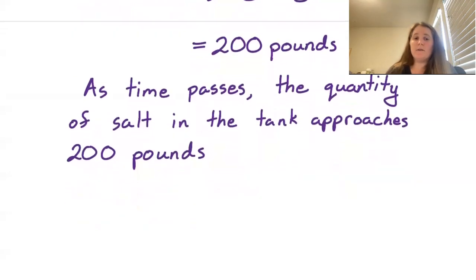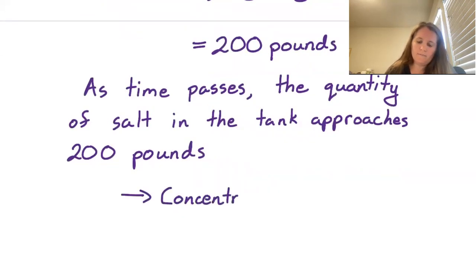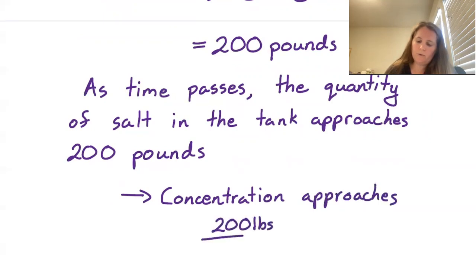And if the quantity of salt is approaching 200 pounds, that means that the concentration approaches 200 pounds per 800 gallons, or 1/4 pound per gallon.